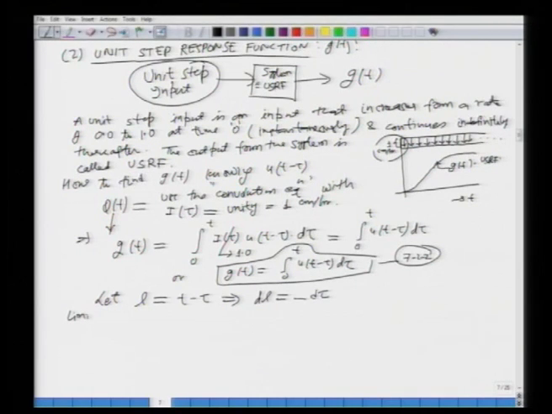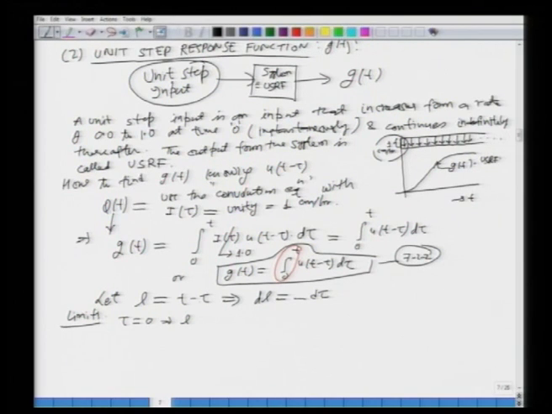Then you need to change the limits of integration. If you work on them, when tau is equal to 0, the lower limit, what is this in terms of L?